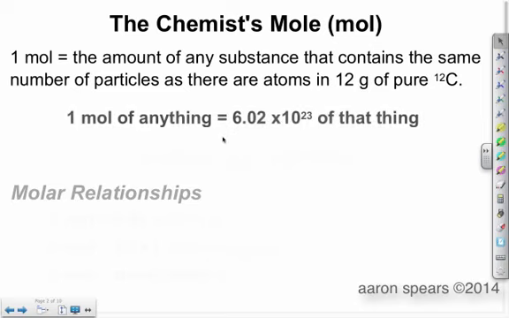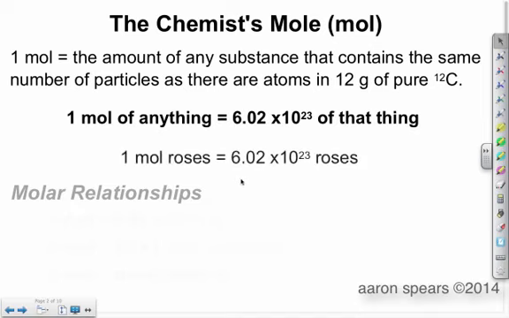Another way to put that is 1 mole of anything is exactly 6.02 times 10 to the 23rd of that thing. Or, if I have 1 mole of roses, I have 6.02 times 10 to the 23rd roses, or a whole bunch of roses. Now, this number, 6.02 times 10 to the 23rd, is a very important number, and it's called Avogadro's number, and is given by the symbol capital N, lowercase a.